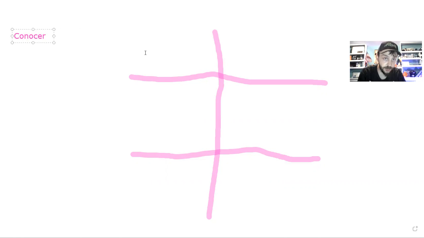Conjugating in the yo form, you have yo conozco. Tú conoces. Él, ella y usted conoce. And in the plural, nosotros, nosotras conocemos.